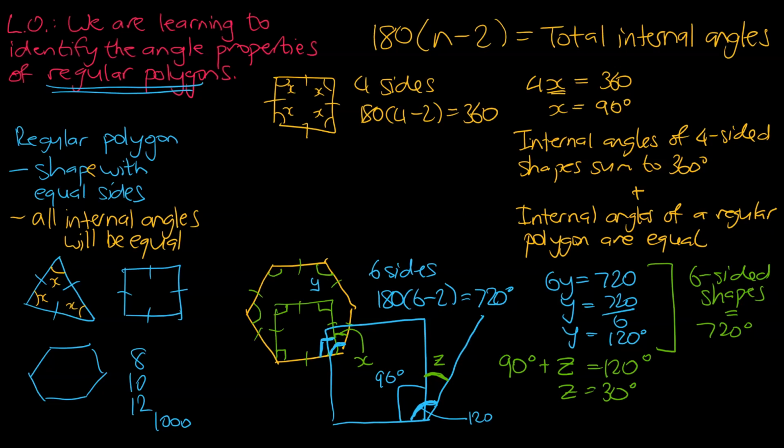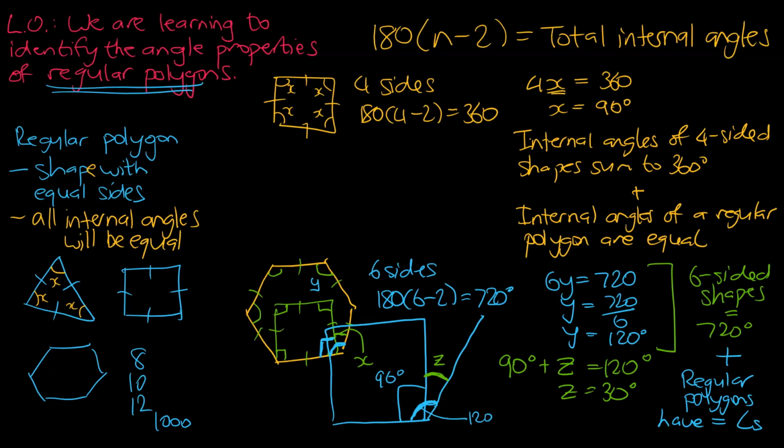And the last feature that we used, carrying on from that, so 720 came from there, and the last feature we used is we also know that regular polygons have equal angles.